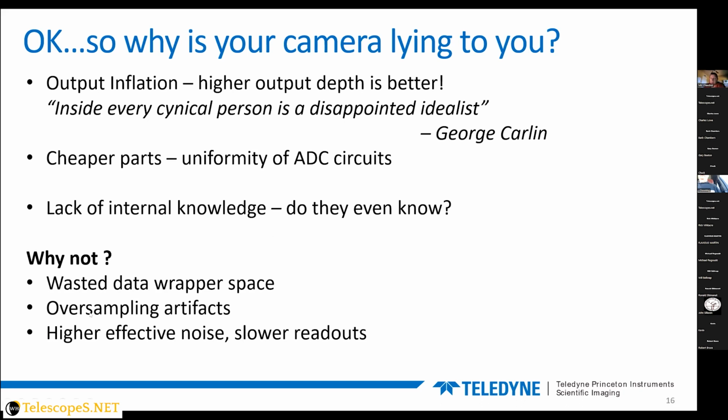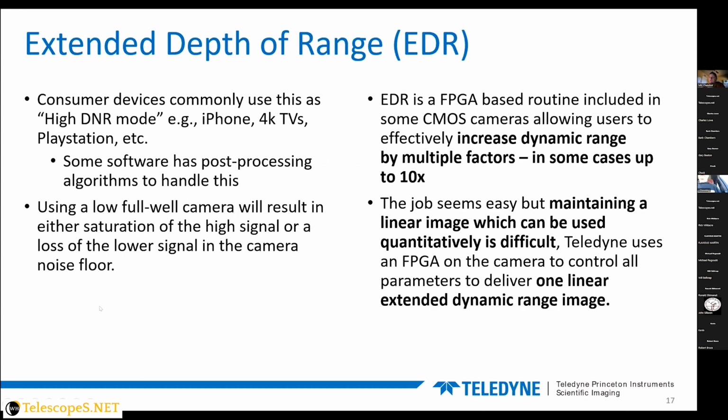And you also wind up getting higher effective noise and slower readouts. The higher the bit depth of the camera, generally the noisier it is, the harder it is to read out. So matching the ADC to the camera properly is going to give you a smaller data size, better data ultimately, and fewer artifacts and potentially faster readout.